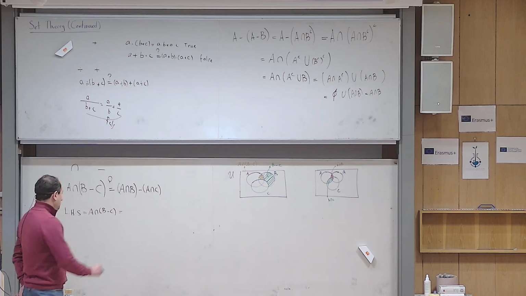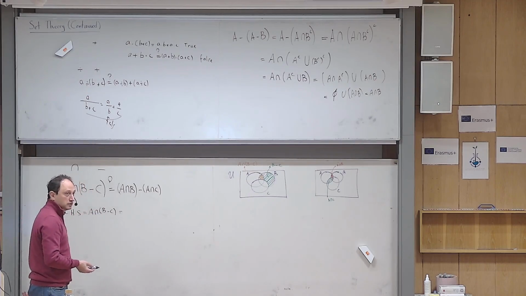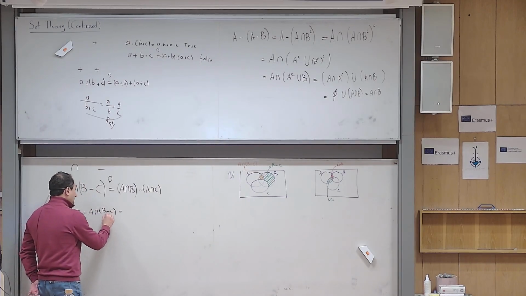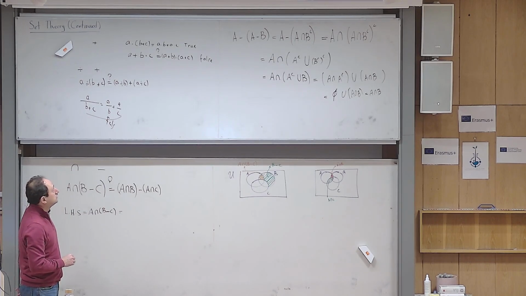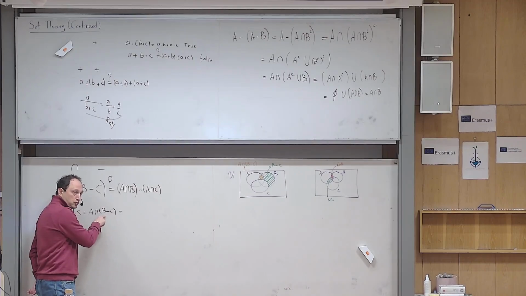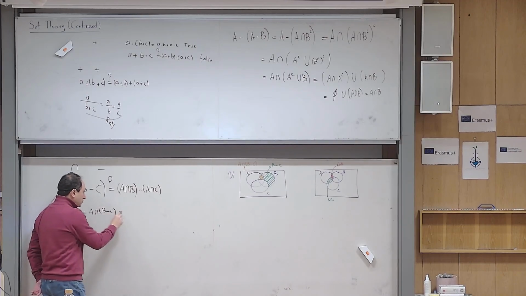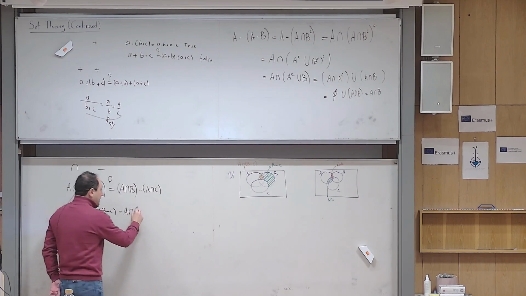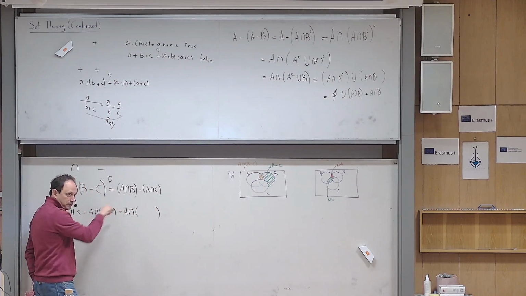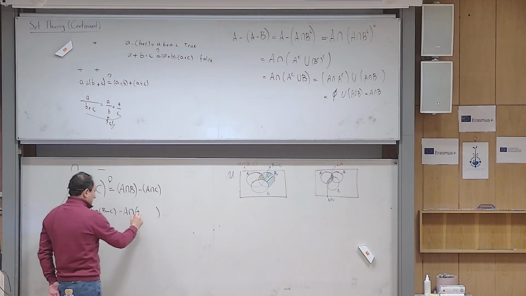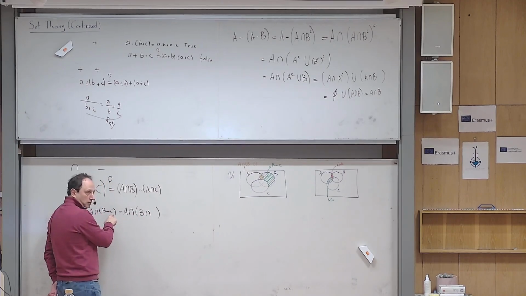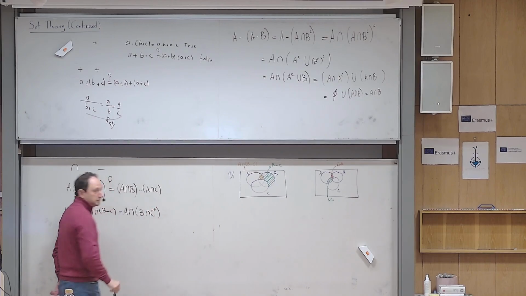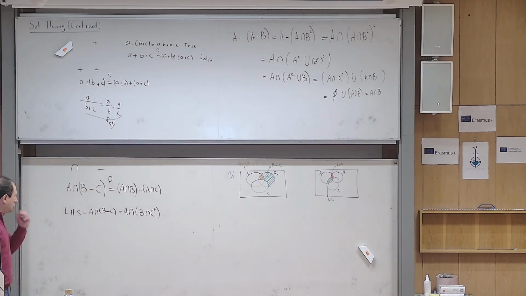No. Why should I do that? No. I can only do this rule here. So it means that I have to copy and paste this part and then use your rule here. So what should I write now? No, intersection. This one complement. So C complement. Yes?